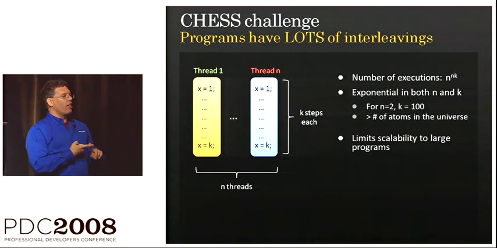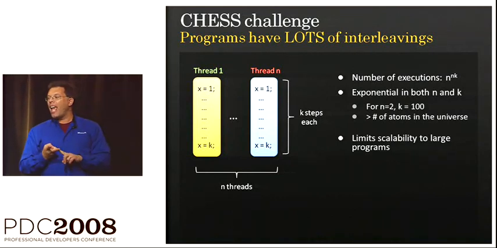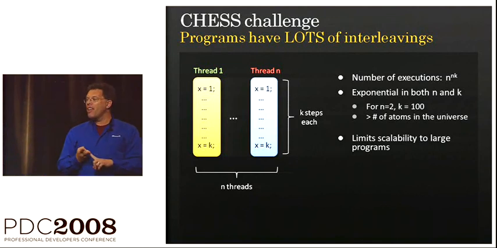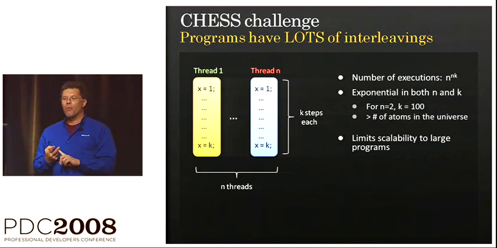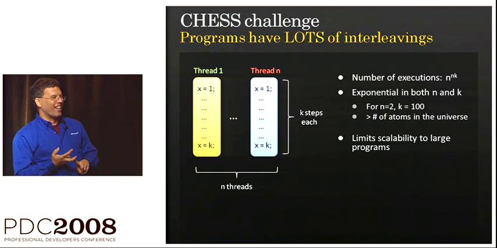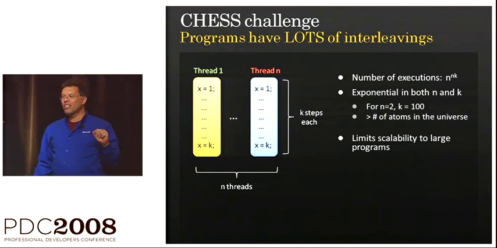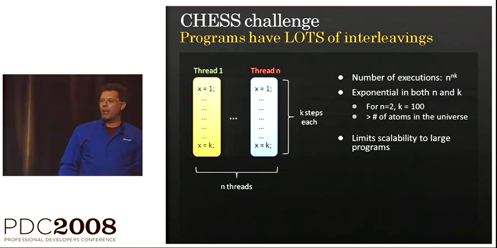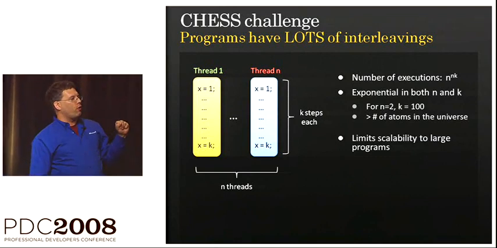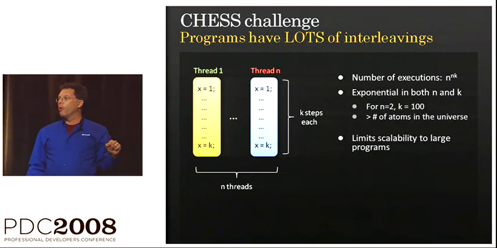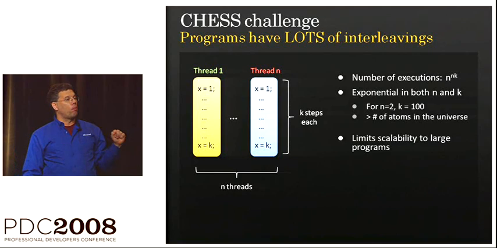So choose n, your number of threads, to be 2, and k equal to 100, and that number is now greater than the number of atoms in the known universe. Okay? This is what people call the state space explosion. And if you saw the Turing Award winners for this year, it was 3 people who worked on this idea of model checking.